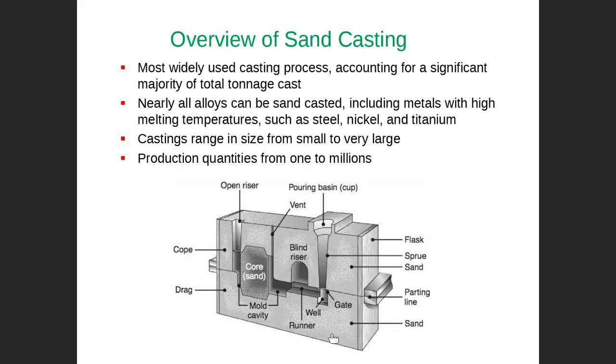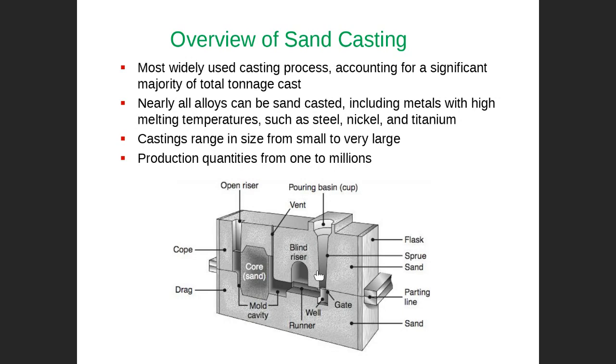This is the cope, this is the drag, this is the pouring basin, the sprue, the gate, well, runner, blind riser, and main cavity. You can see that the cavity is rotating around the core. This is the core inside, this is the open riser, this is the vent, this is the parting line, and this is the flask.